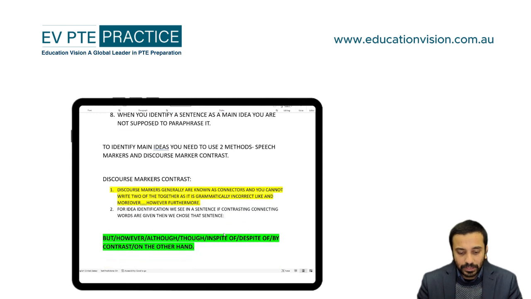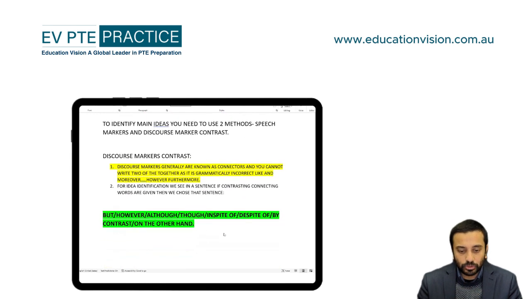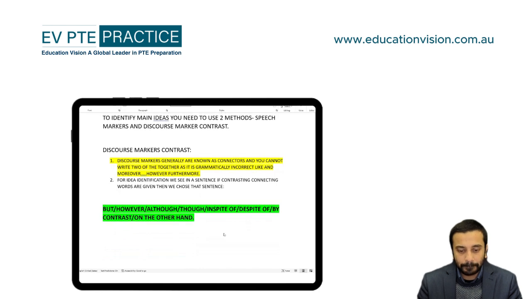So the first method is discourse markers contrast. Discourse markers by definition mean connecting words, and discourse markers contrast means contrasting connecting words.